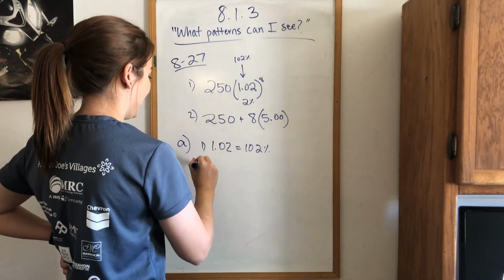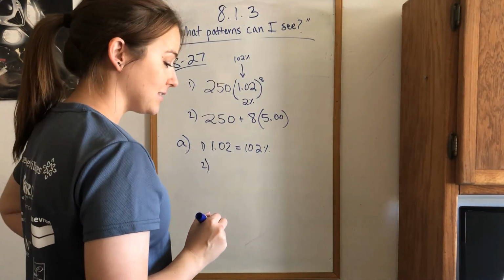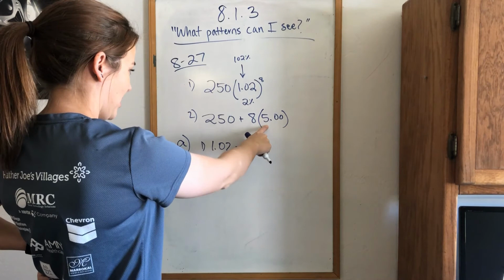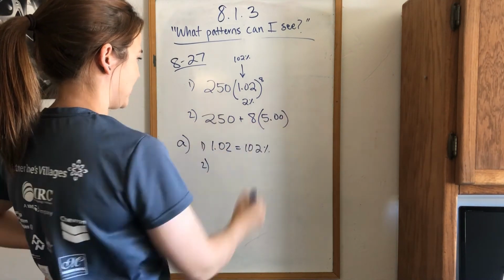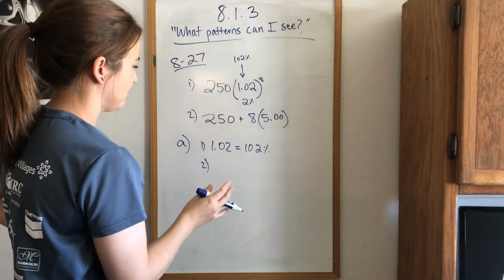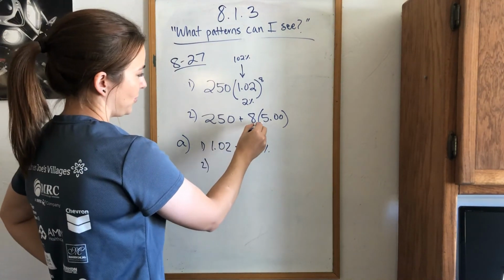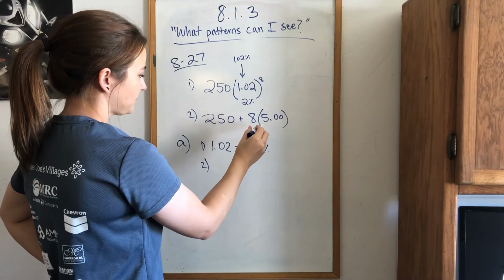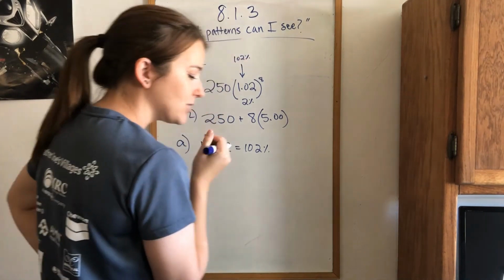And then the second one is a little different because this would not be the interest rate. That would be like 500% interest, which doesn't make a lot of sense. It's way too much. So how did I figure that out? 2% of 250.